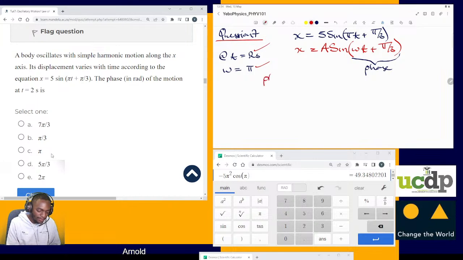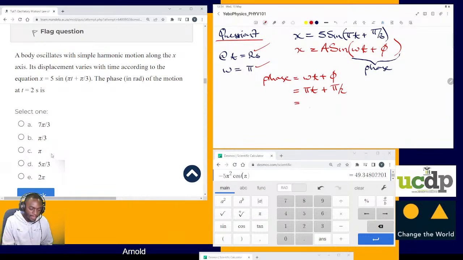Because we're saying phase is equal to omega t plus, okay, in this case, we've got pi t plus pi over 3.